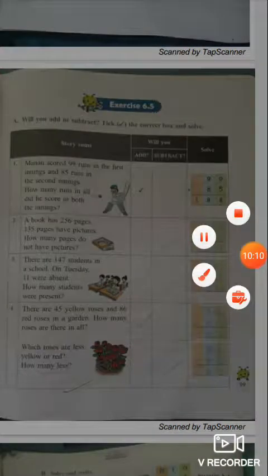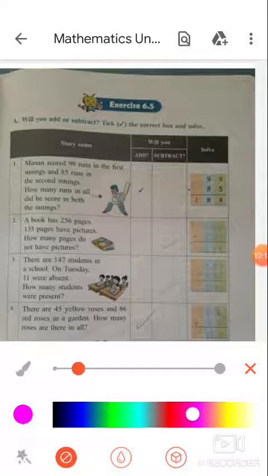So students, these are also story sums, but here you have to tick the correct box while solving them. If the story sum is of addition, you will tick in the add column, and if you have to subtract, you will tick in the subtract box. So students, question number 1 is already done here. Let's discuss the second question.